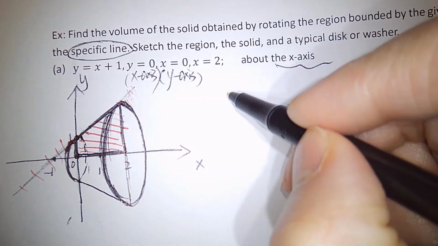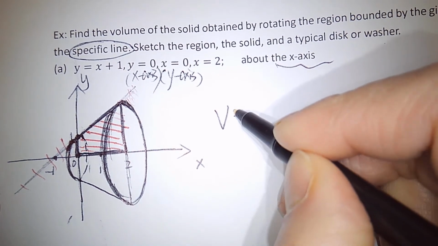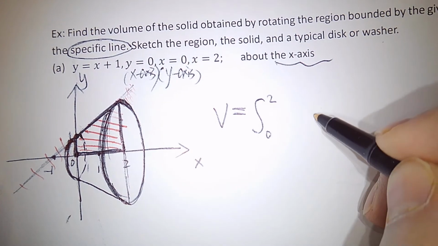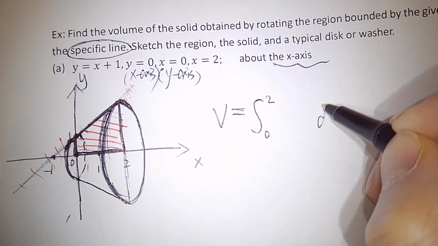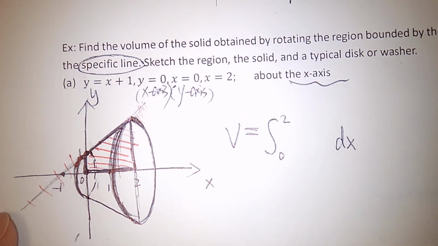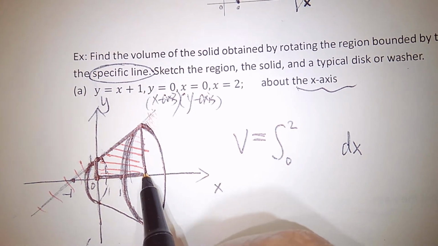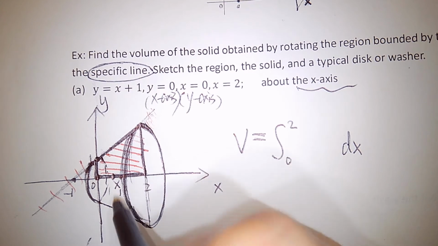So the volume is an integral for x varying between 0 and 2 of A of x dx, right? So, what is A of x? Between 0 and 2, we're going to find any arbitrary x between 0 and 2.